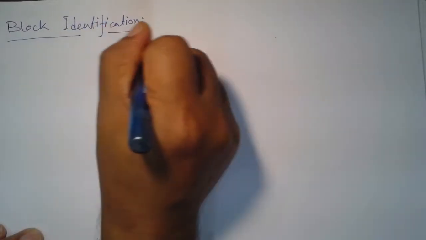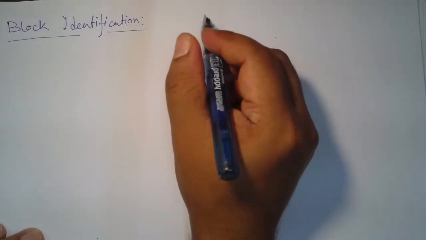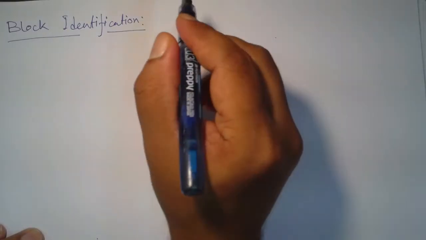So for block identification, as we have already seen, we would like to know how to find a block in cache.